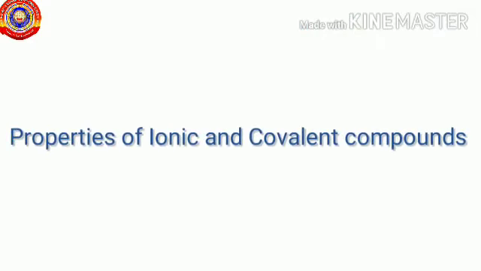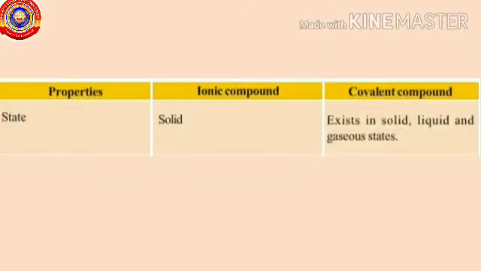The difference in the nature of the chemical bonding is reflected in the properties of compounds as well. Let's learn the difference between ionic and covalent compounds. Ionic compounds exist in solid state, whereas covalent compounds exist in solid, liquid and gaseous state.